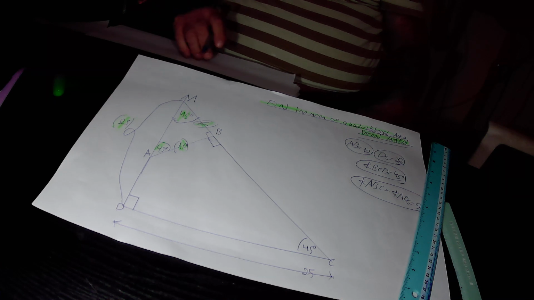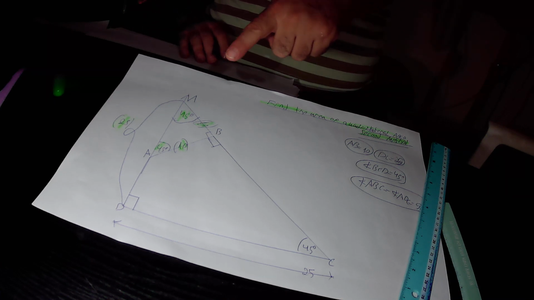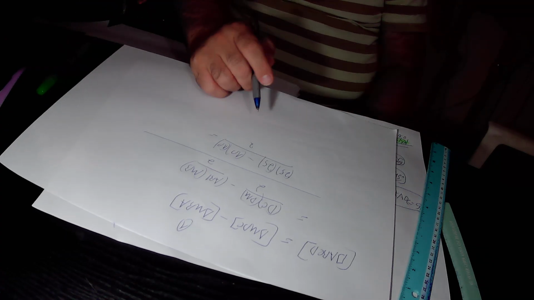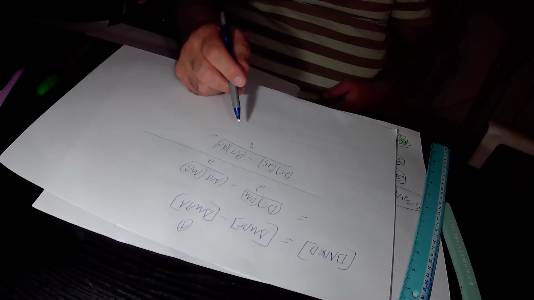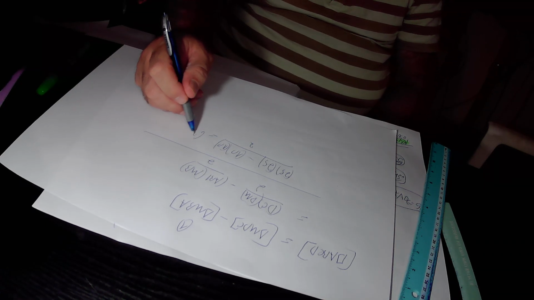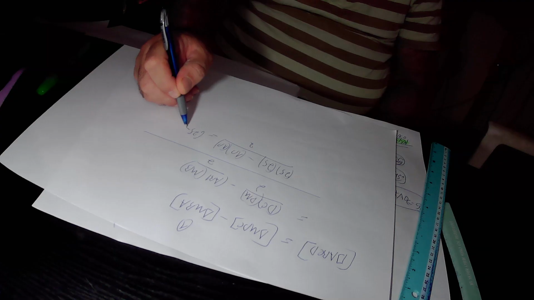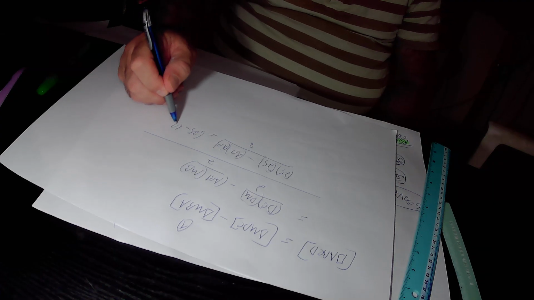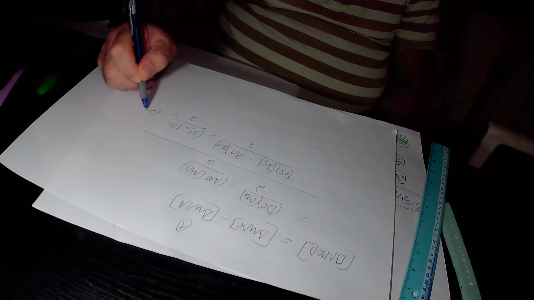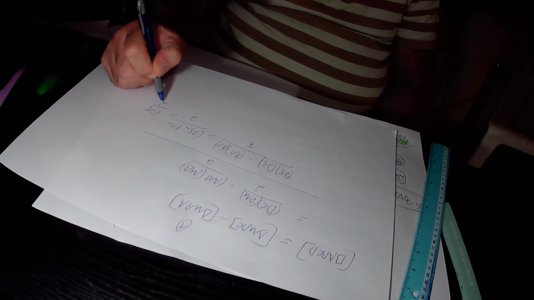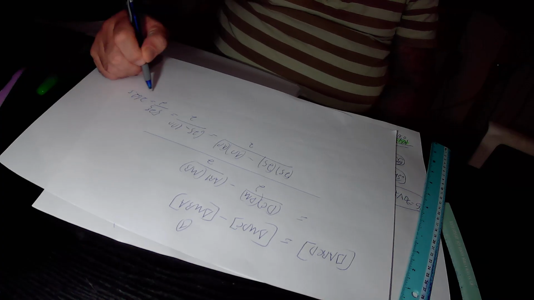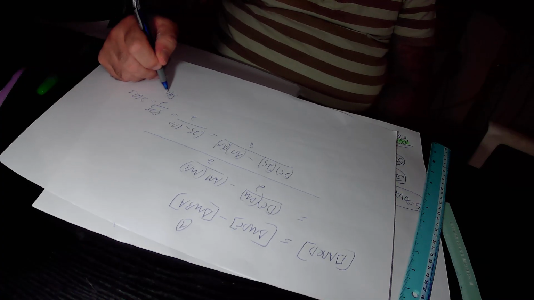So in total, you find that the area of this quadrilateral ABCD equals 25 times 25 minus 10 times 10 over 2. 25 times 25 is 625 minus 10 times 10 is 100, over 2. 625 minus 100 is 525 divided by 2. 525 over 2 is 262.5 square units in size.